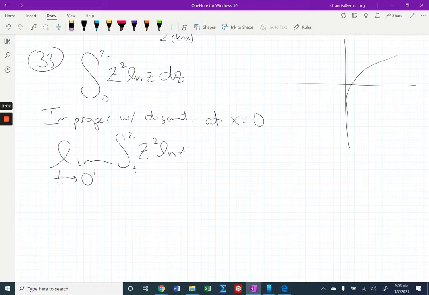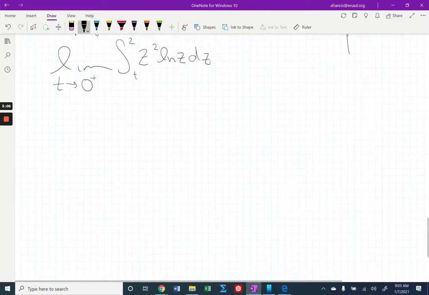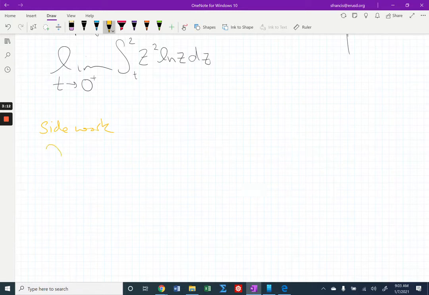Not dx, dz. Let's do a little side work to figure out the antiderivative. It looks like an integration by parts problem to me. That's my first gut reaction here. Yeah, there's no substitution for this, so we're going to LIPET. If you're thinking in terms of the acronym LIPET, L is the first thing.